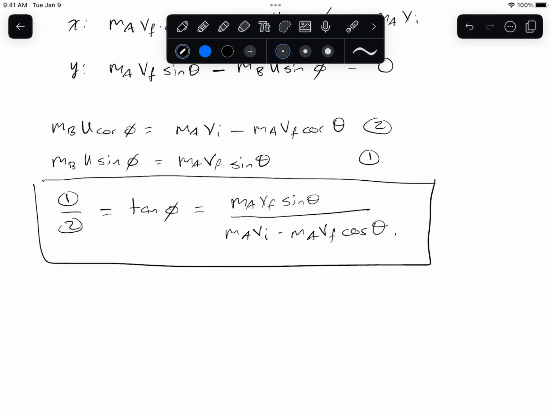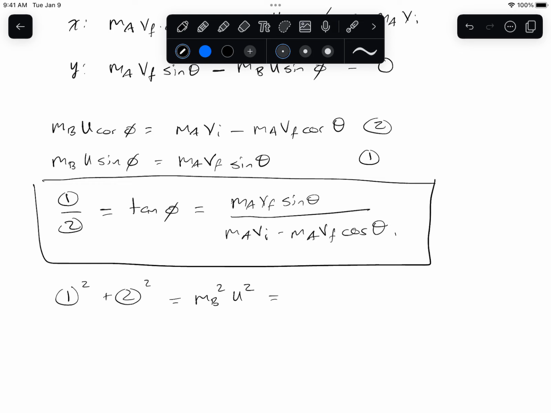So I'm going to do equation 1 squared plus equation 2 squared. On the left-hand side, that gives me m_B squared times u squared, and then sine squared plus cosine squared, that's 1, so that just simplifies to this term.